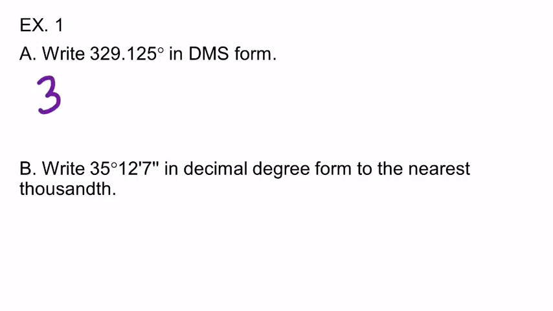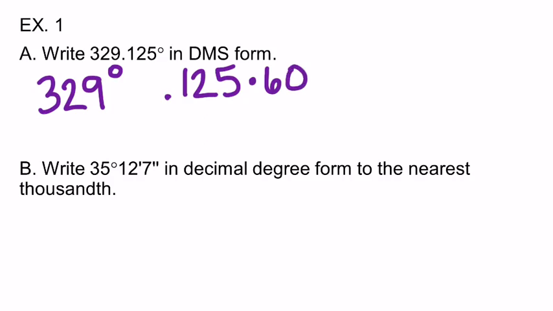So we're going to take the whole number, 329, that's our degrees. Then we're going to take our decimal, 0.125, and multiply times 60. So when I do 0.125 times 60, I get 7.5.